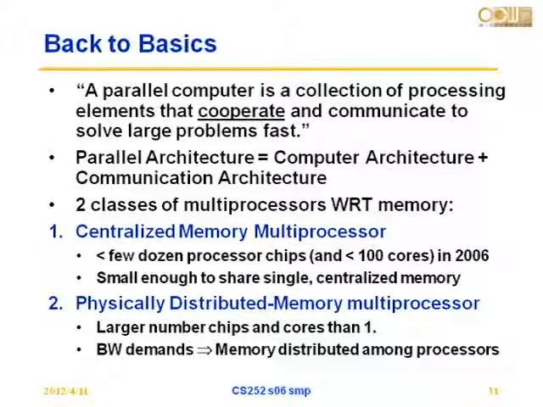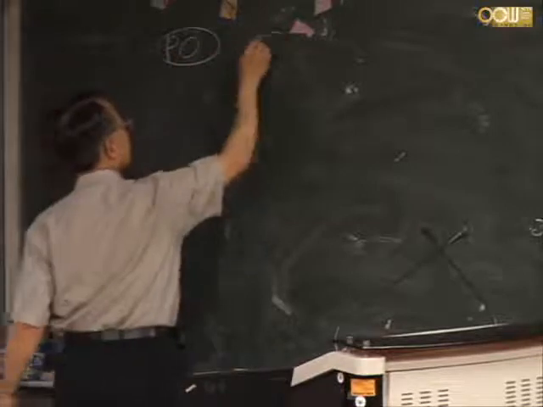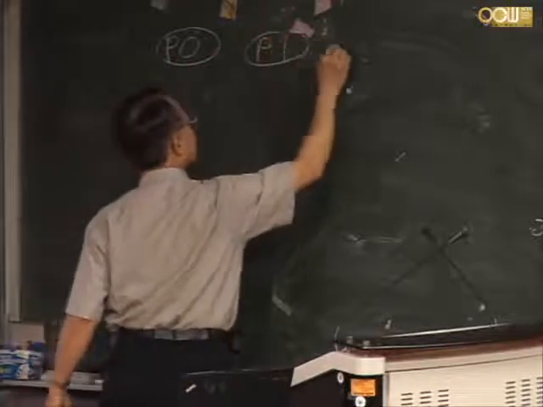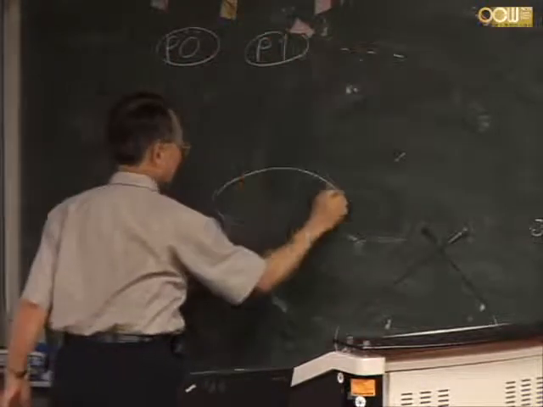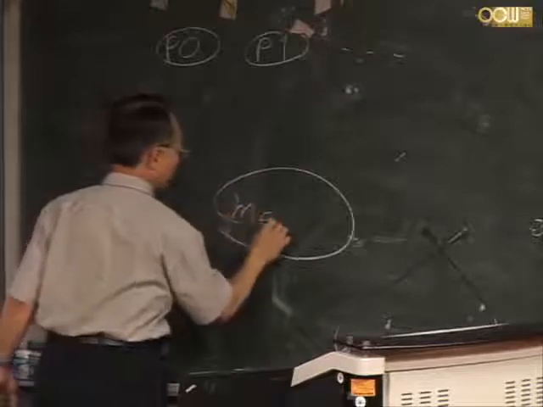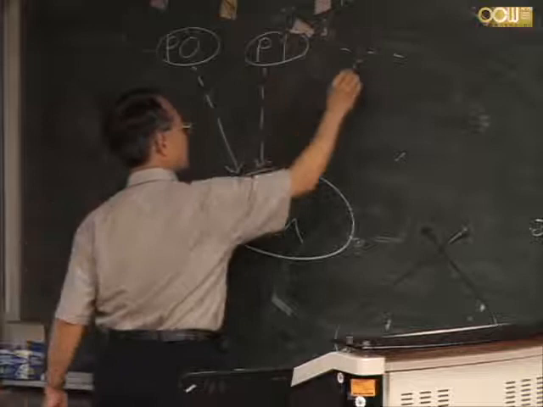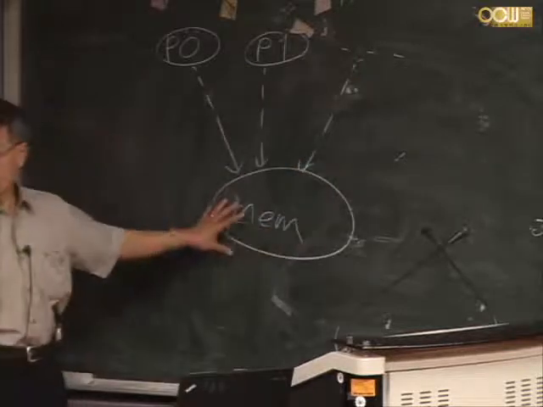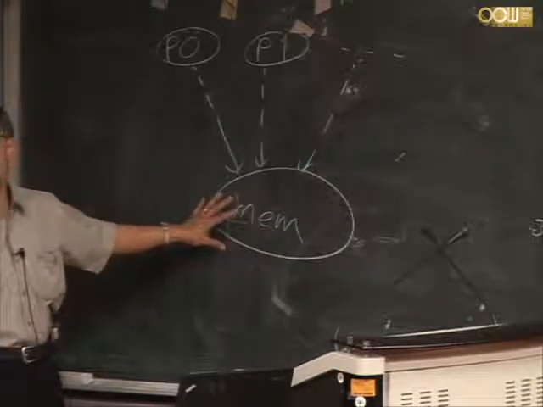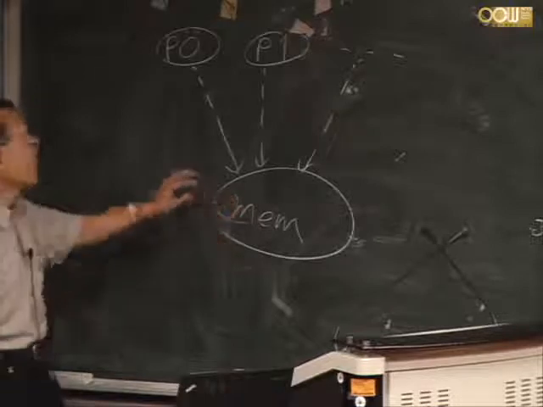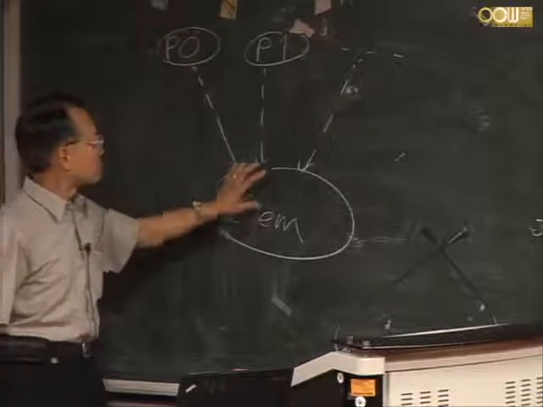Okay, we have a memory system. Processor 0, processor 1, and this is a memory. If all the processors see the same memory, what do I mean by this memory? I mean memory space, usable memory space.